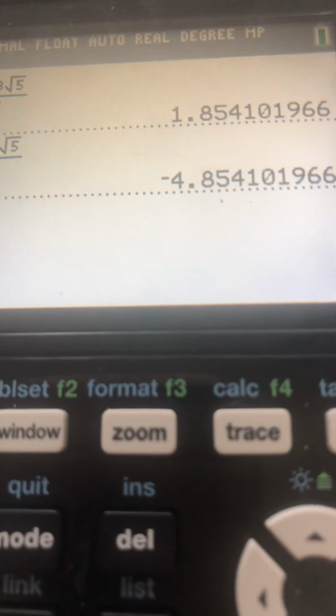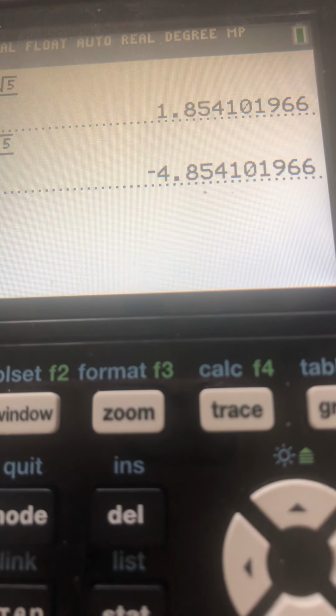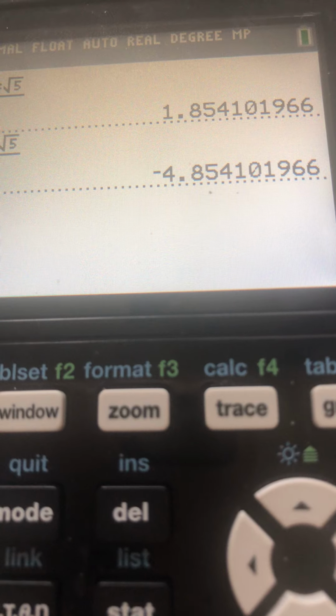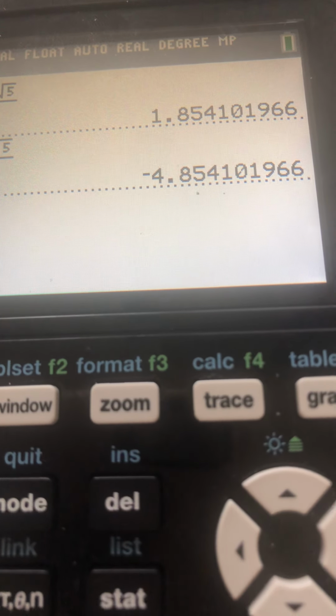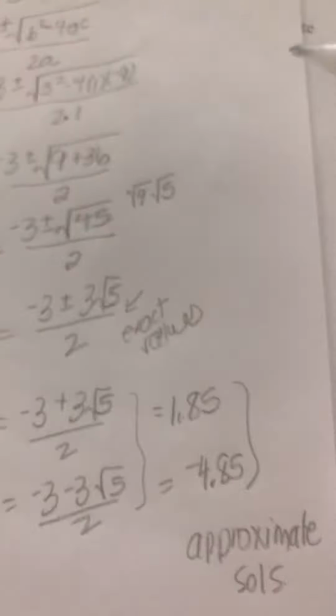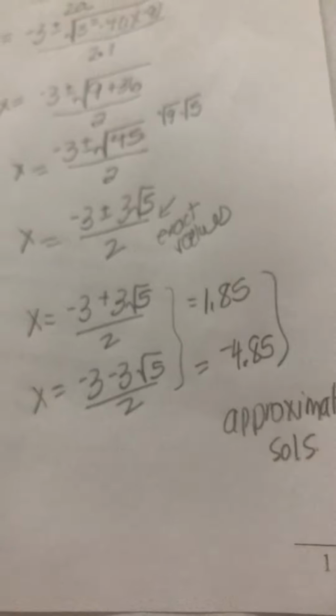Negative 4.85. These are the approximate values, okay, because they're rounded. But they basically are, if you calculate these, this is what you'll get, the rounded values.